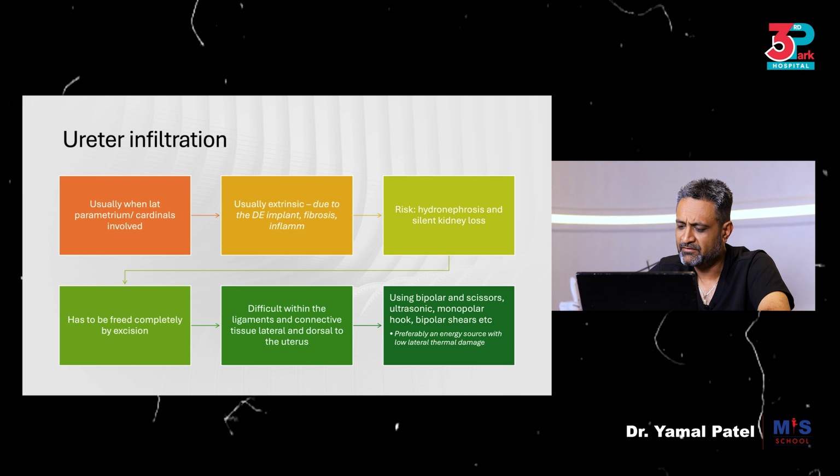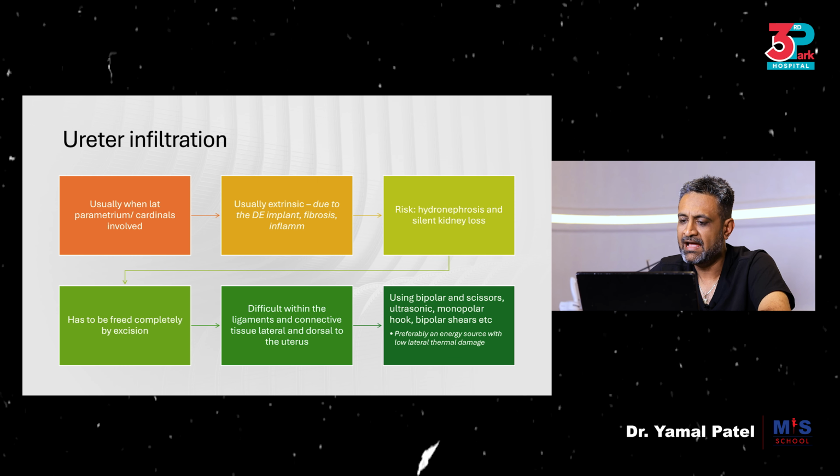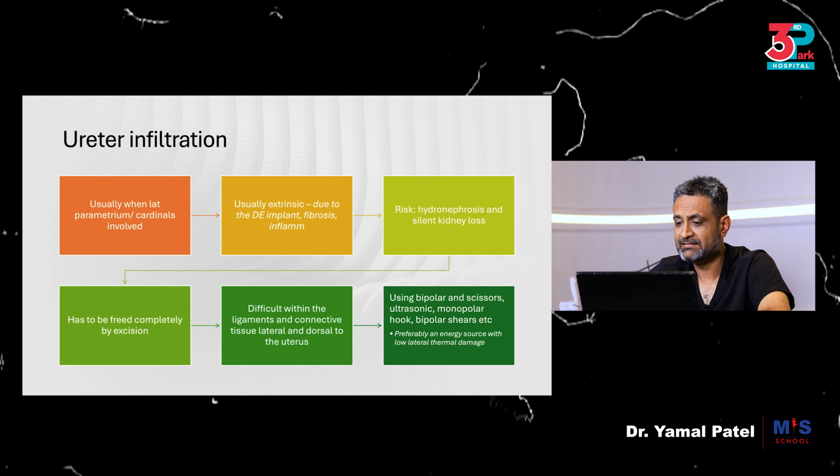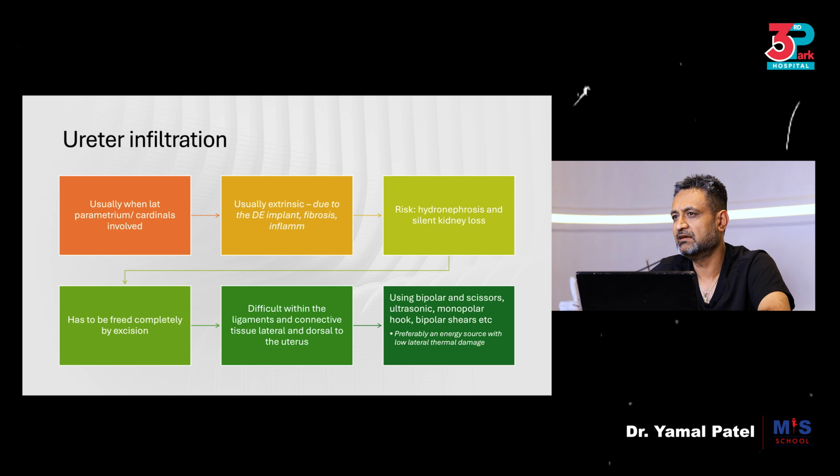So preferably an energy source that you are comfortable with. And keep in mind low lateral thermal damage should be ensured. So use these energy sources prudently in short bursts, and don't do prolonged use of energy, because that is likely to cause thermal damage to the ureter.